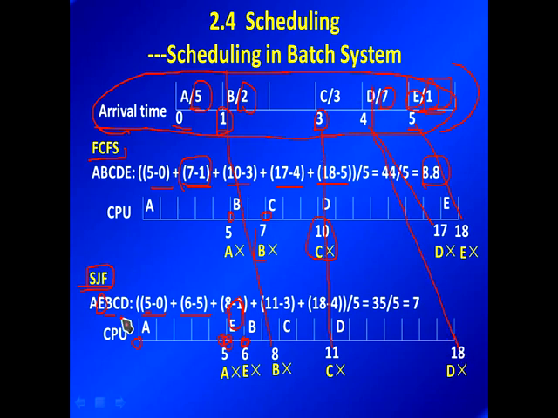If you get the average value of these 5 numbers, you get the final result, which is 7. So this is the different turnaround time for different algorithms. And these 2 algorithms are the simpler ones if you learn more algorithms later.